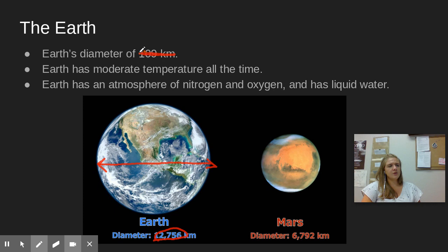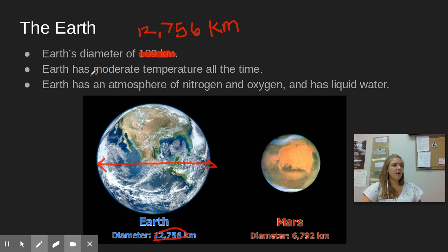So let's go ahead and do that. In the notes that I printed off and gave to you, I want you to mark through this number. I believe it is supposed to be 12,756 kilometers. Now that I think about it, I think I remember that from last year. I'm not sure where the 109 came from, but anyways, 12,756 kilometers across.